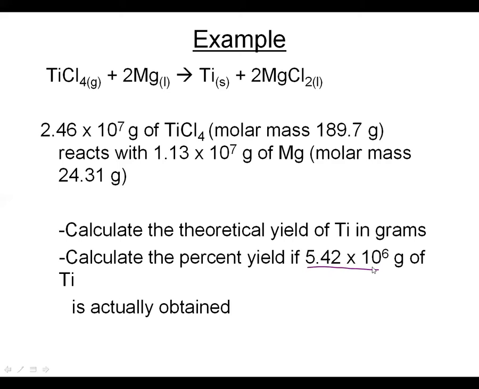The molar mass of Ti is 47.88, which you might need. The molar masses for these are given, basically in grams per mole. All right, take a few minutes here, start working through this, and then we will get back together and talk about the answer that you get.